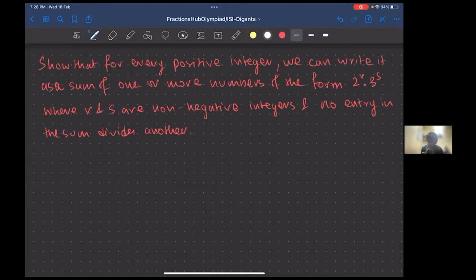So what it basically says is, suppose we have some number, for example 23, then it can be written as 3 squared, which is 9, that is 2^0 times 3^2, plus 2 cubed times 3^0, that is 8, plus 2 times 3, that is 6.